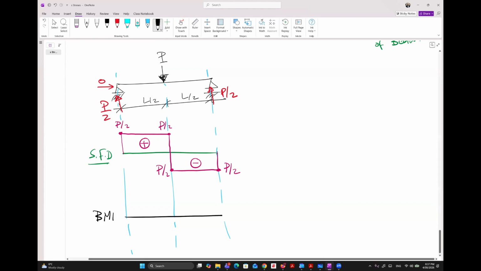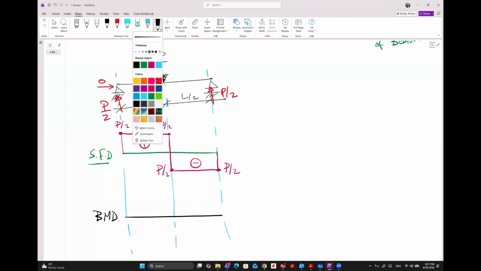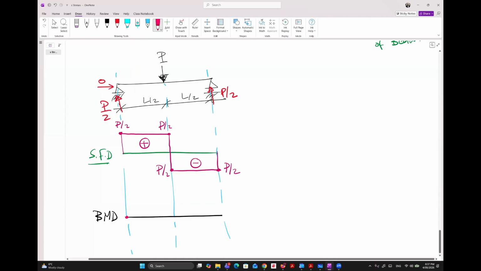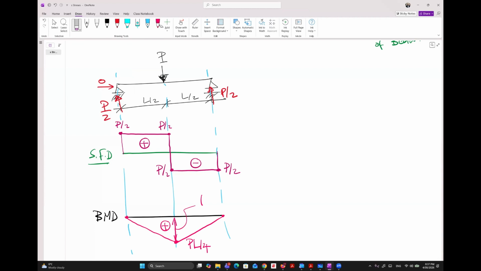Bending moment diagram. So what is the bending moment diagram here, guys? You know, 0 here, 0 here. The maximum moment is under the load in the middle. What is the value? PL over 4. You connect it together with what? Straight line or curve? Straight line. What is the sign? Positive or negative?